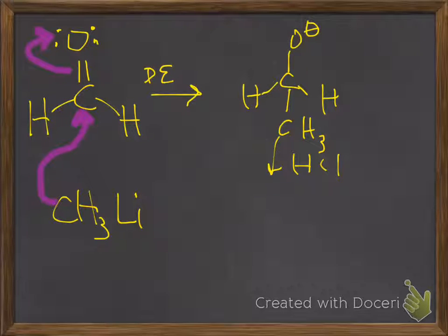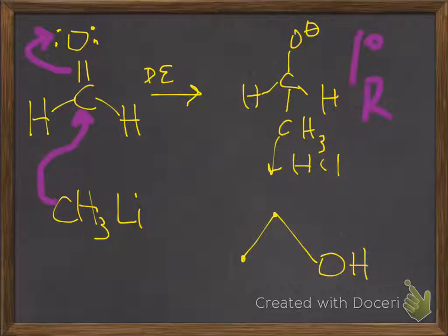That's fine. And so what would be our final product? So you get ethanol? You get ethanol. Yep. Ethanol. So please note, right here we made a primary alcohol. Overall, in order to make a primary alcohol, you have to start off with formaldehyde.